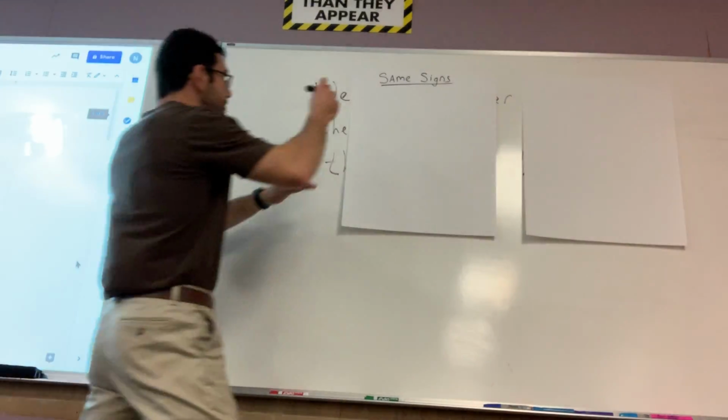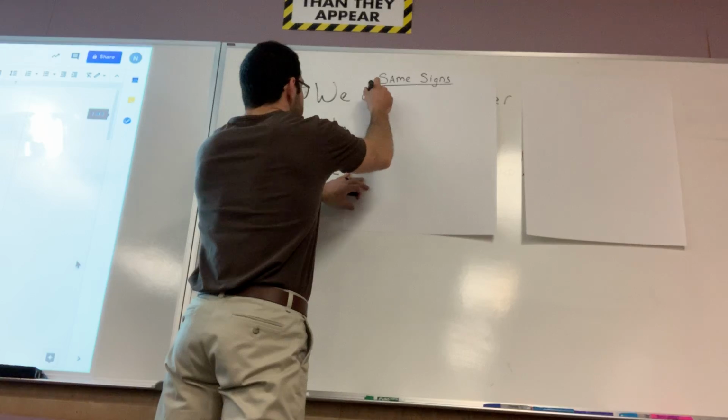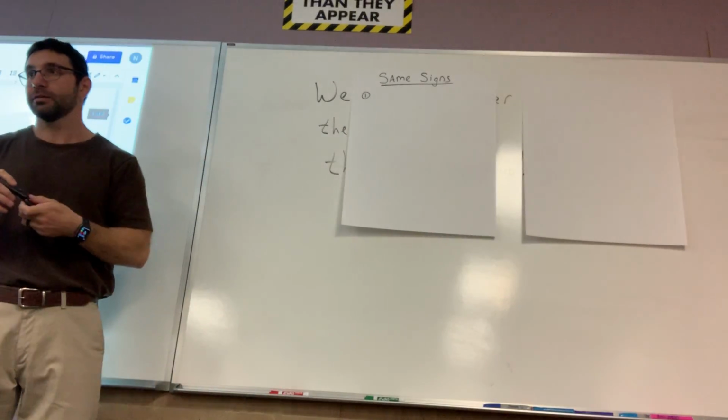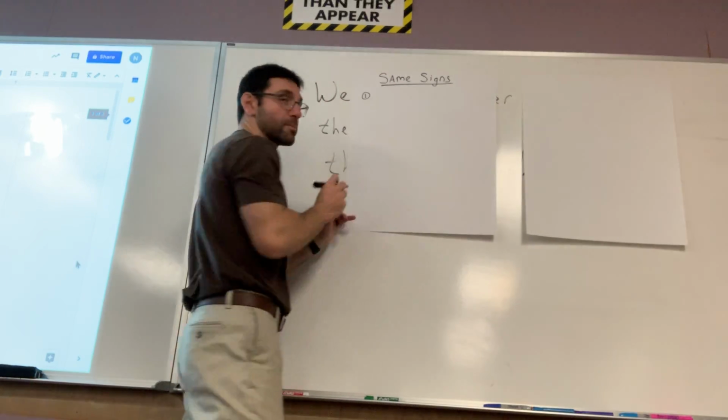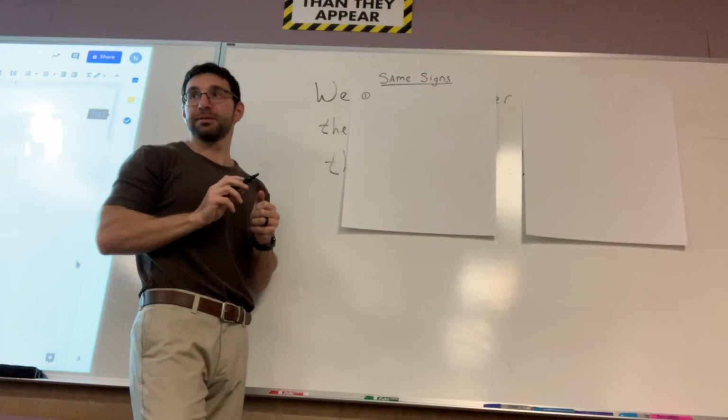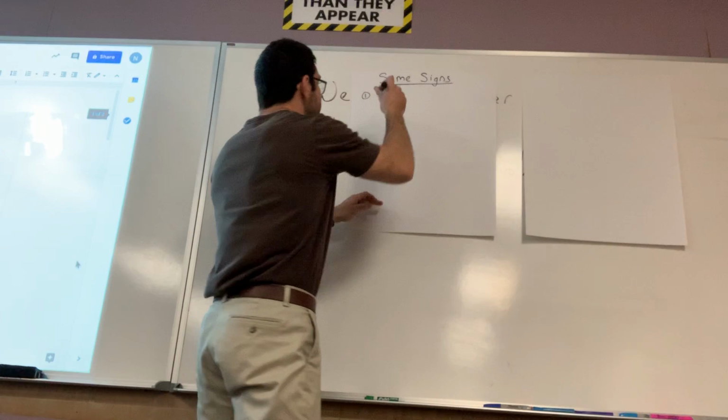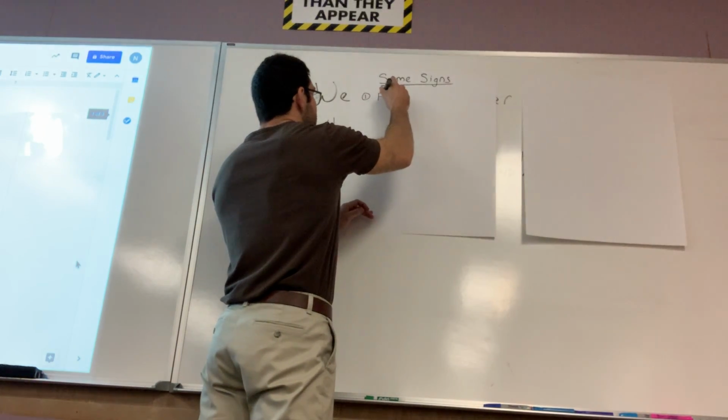Well, our first step. Ava, you're going to help me out here, okay? So my first step is always going to be what? What's my first step going to be? Find the absolute value of all numbers.